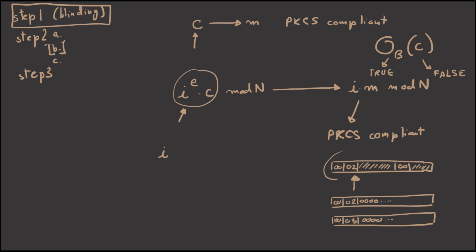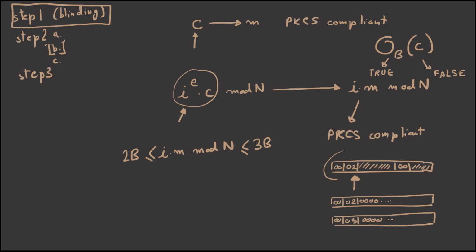So our I times m is smaller than what we'll call 3b and greater than what we'll call 2b. And what is b here?